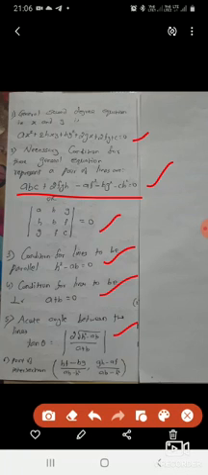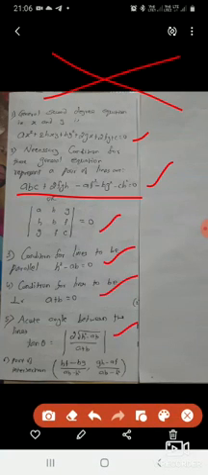This equation represents a pair of lines, two lines. If these lines are parallel, then the condition is there. Perpendicular, otherwise the angle formed by the two lines, then in that case a point of intersection will be there.